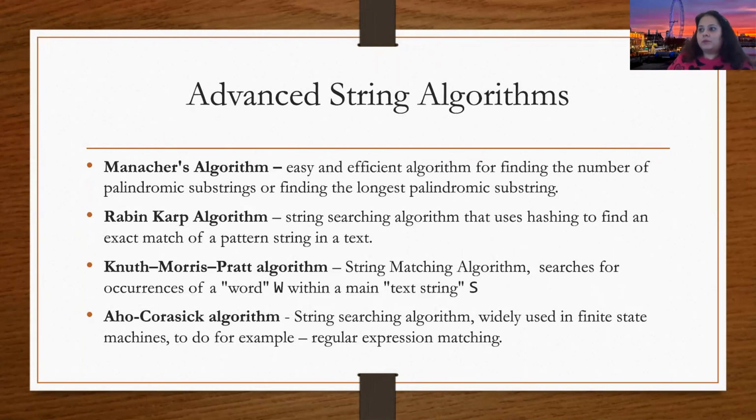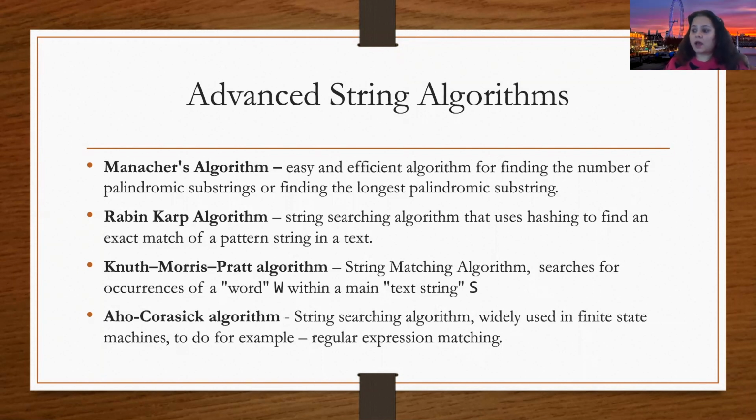Now, there are a number of advanced string algorithms. There is Manacher's algorithm, the Rabin-Karp algorithm for pattern matching, the KMP, Knuth-Morris-Pratt algorithm, again for pattern matching, and the Aho-Corasick algorithm, a string searching algorithm used in finite state machines for regular expression matching.